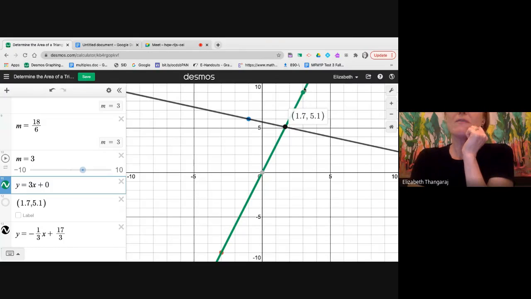So far, we have the base equation. We have the height equation. We got the base equation by picking 2 points, finding the slope, picking one of the points, and making an equation using y is equal to mx plus b. We found the height equation by taking the negative reciprocal of the base, which is -1/3.